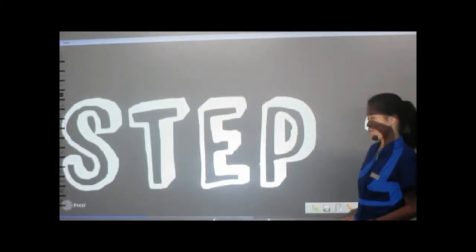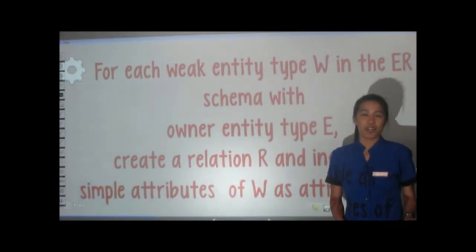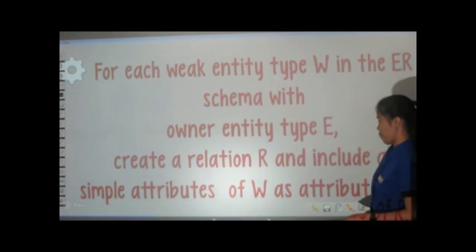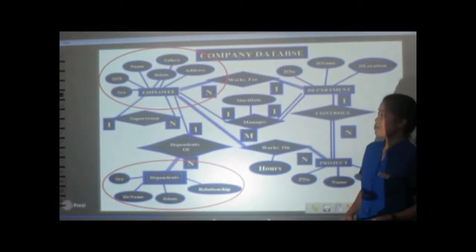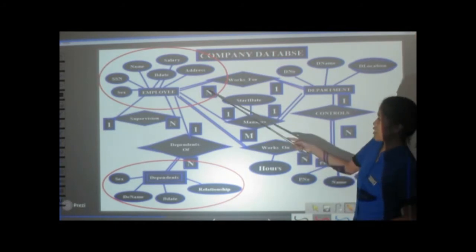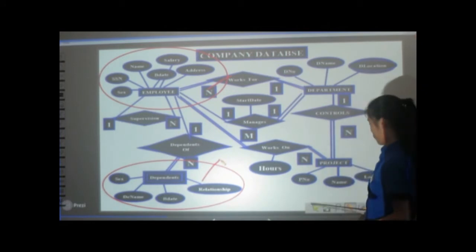Step number 2. For each weak entity type W in the ER schema with owner entity type E, create a relation R and include all the simple attributes of W as attributes of R. For example, in this diagram, the employee is the regular entity type and the dependent is the weak entity type.